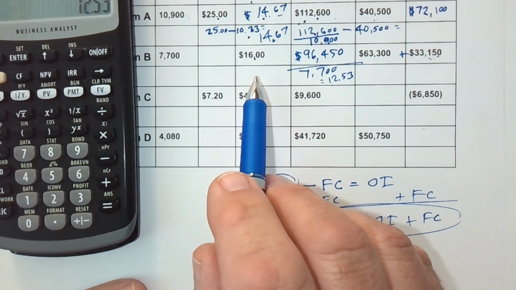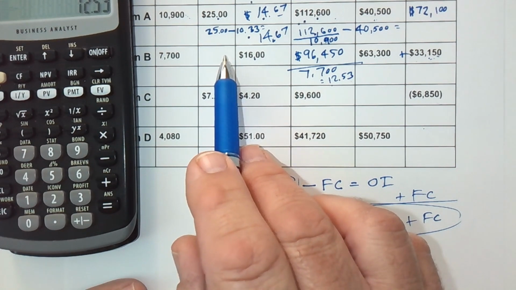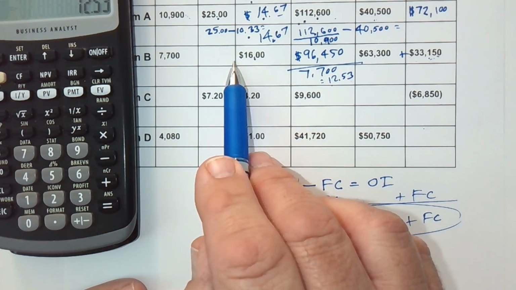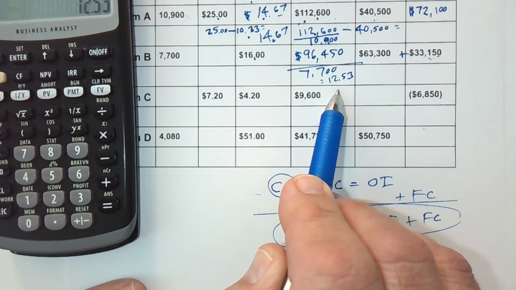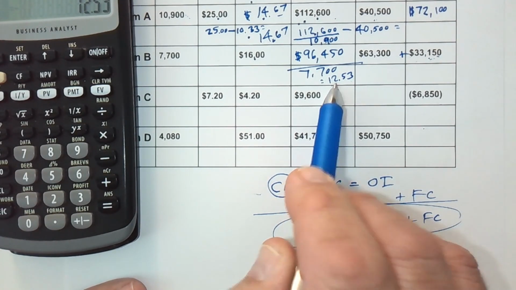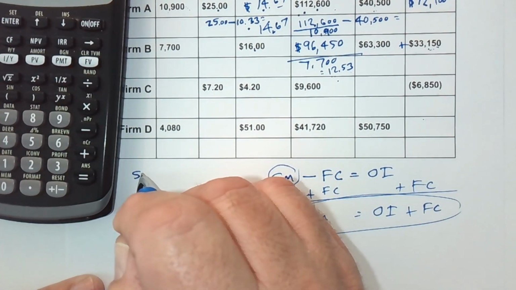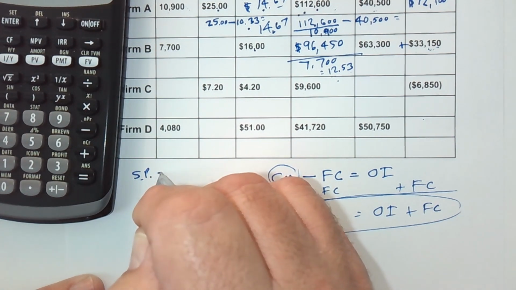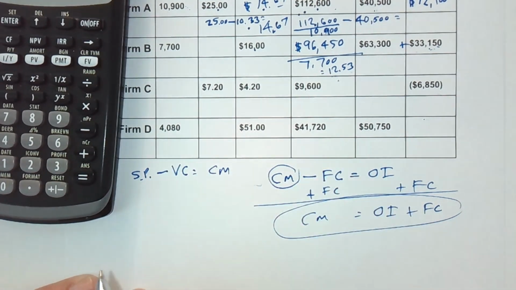We still need to figure out how much the selling price is, though. And we know that the selling price minus the variable cost per unit is equal to our contribution margin per unit. We're going to work backward. Algebraically, the selling price minus the variable cost is equal to the contribution margin.